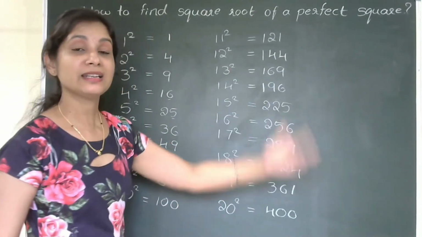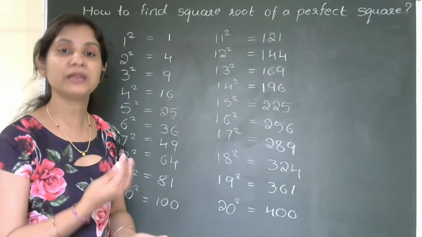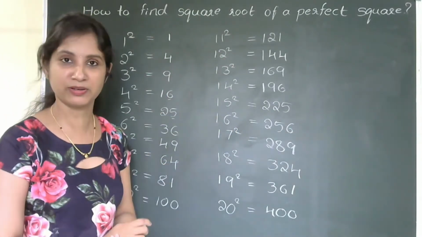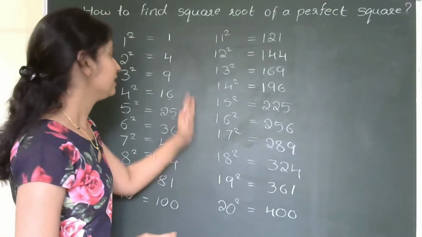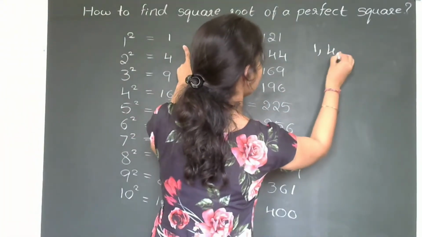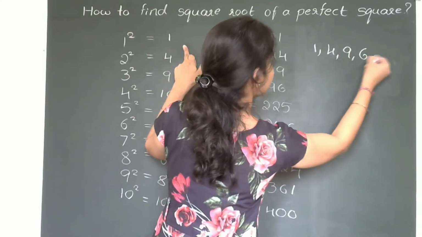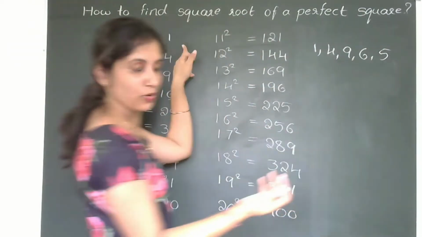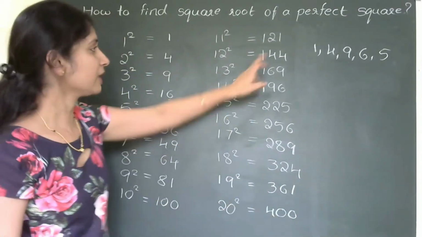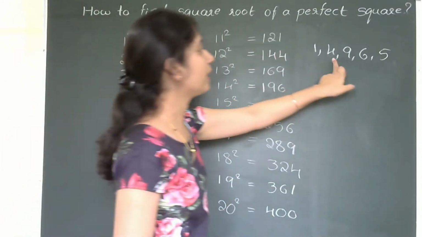So you will get the same digits repeated in every set of 10 numbers. That means only digits 1, 4, 9, 6, 5, and anyhow 0. All the multiples of 10 will give 0. I am not considering 0 here.